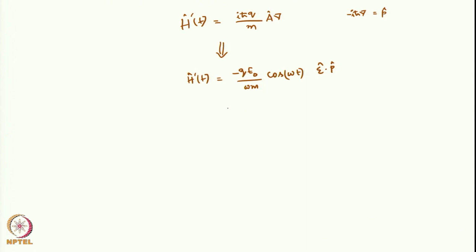So this could be written as q by omega m cos omega t, E naught into E, and this E naught into E can be written as E. So, q by omega m cos omega t, E dot p. This is H prime of t.